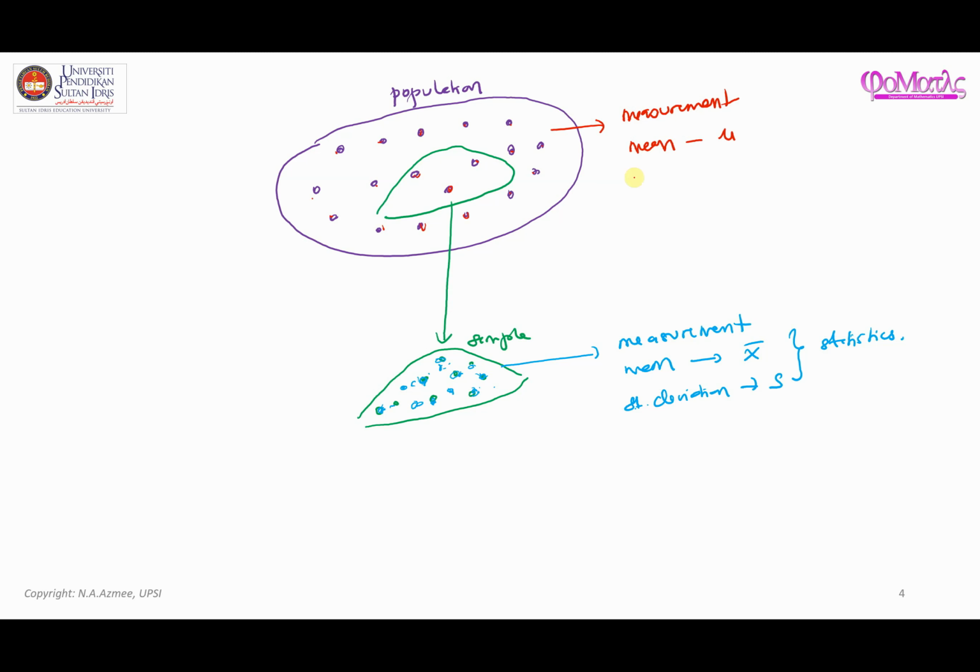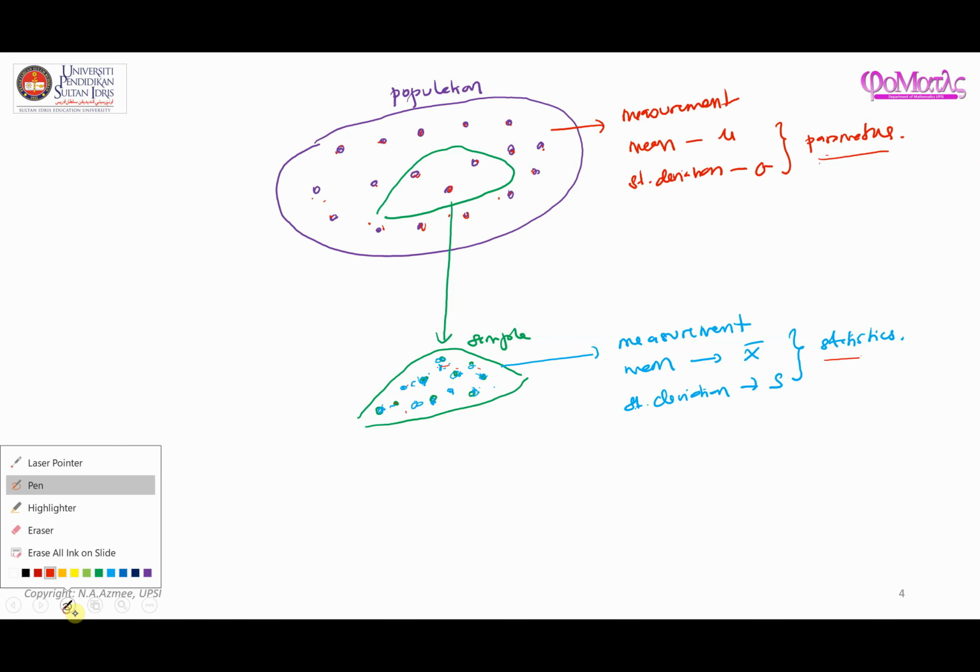Similarly, if you calculate the standard deviation from all the elements in the population, it will be denoted as sigma, and these are examples of parameters. So basically, to differentiate between parameters and statistics, we can simply say that the measurement for parameters comes from the elements in the population, and the measurement of statistics comes from elements in the sample.